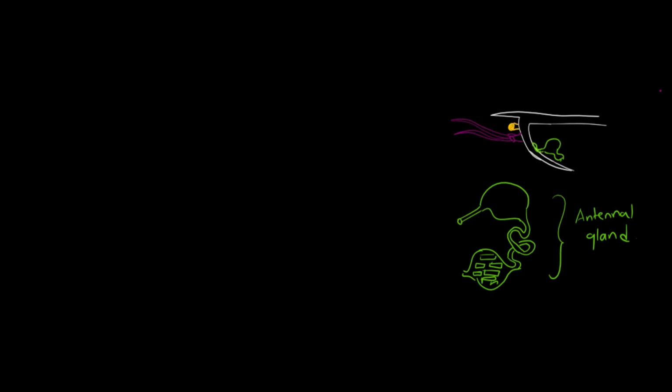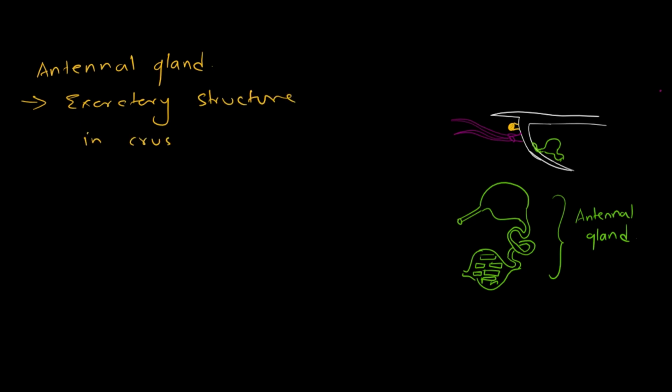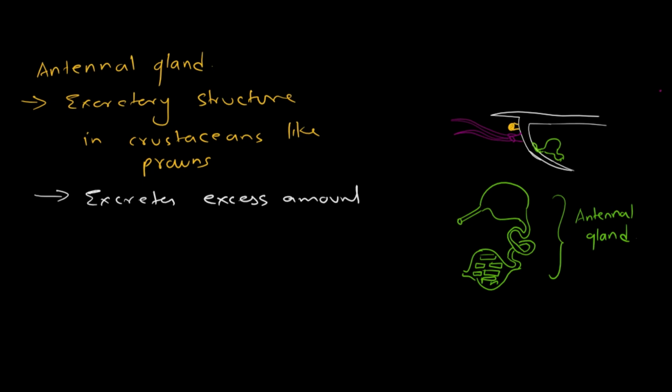So what is the antennal gland? The antennal gland is basically an additional structure present in aquatic crustaceans with respect to excretion, and they are mainly involved in the excretion of excess amounts of salts. What are examples? Examples are prawn, lobster, etc.